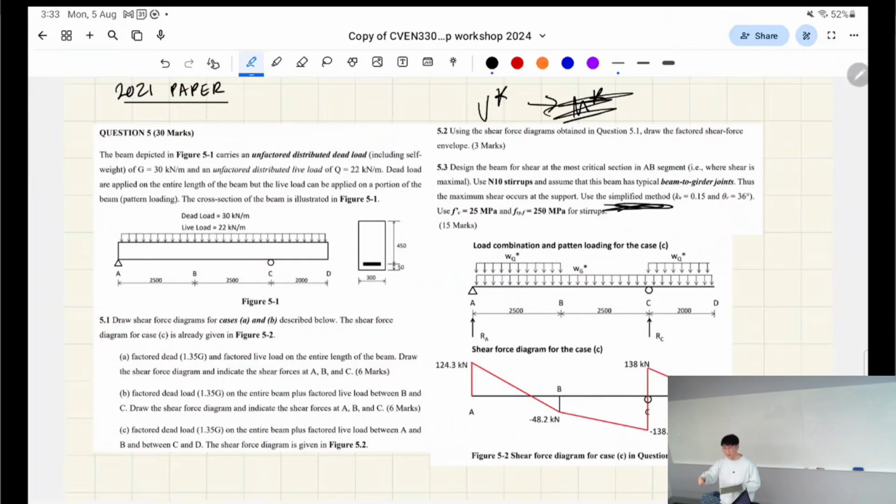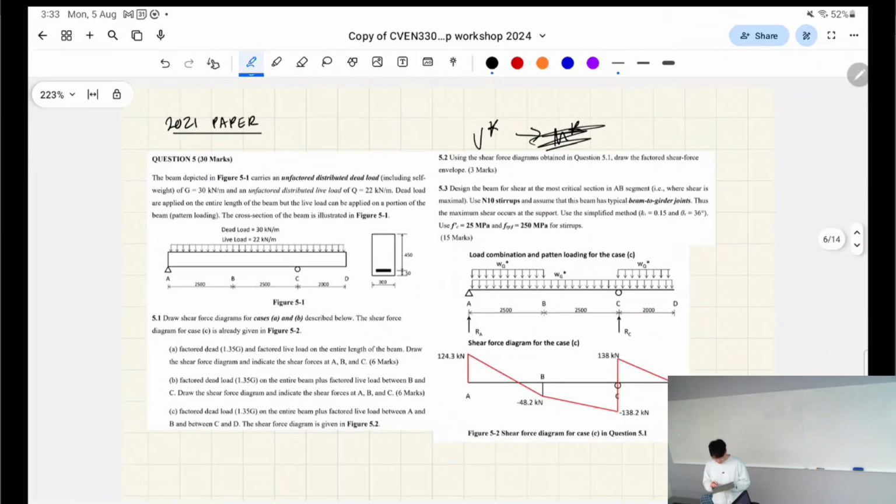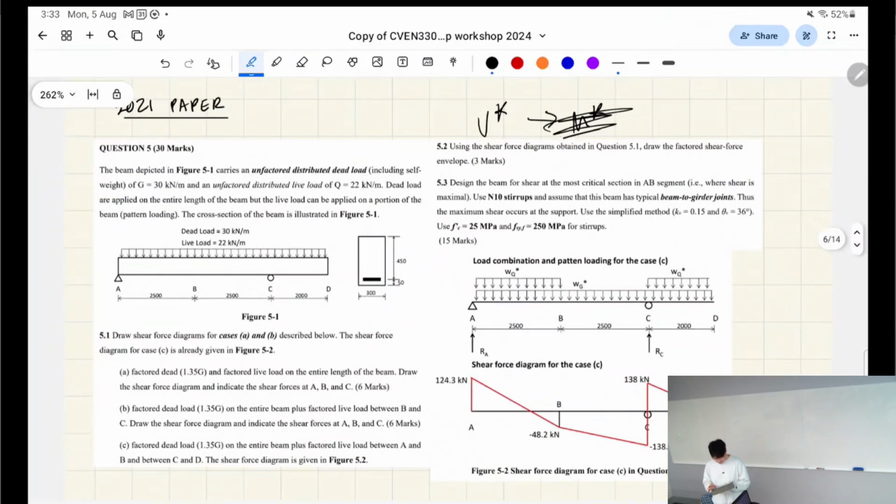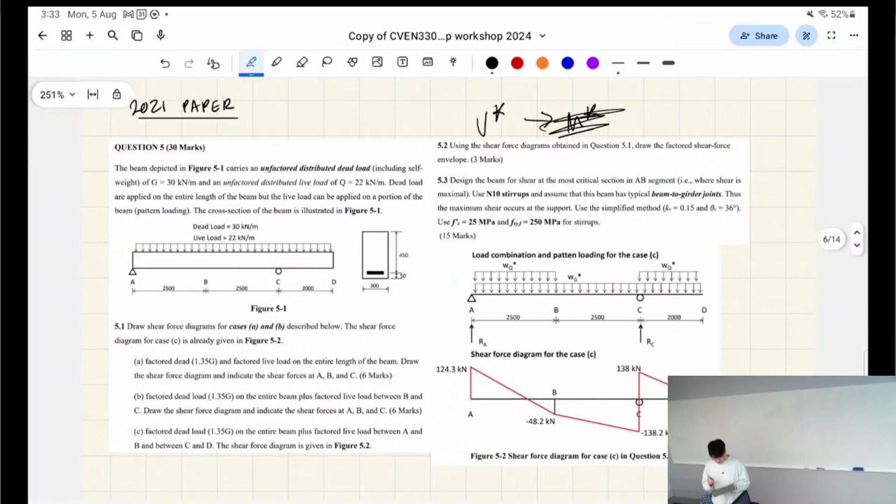Once you use the simplified method, you don't need to find the moments, because the detailed methods will require the moments as well. We need to do it for 3 different loading patterns and then create an envelope called the shear force envelope, which takes the worst case scenario at the supports of your beam and the middle of the beams.